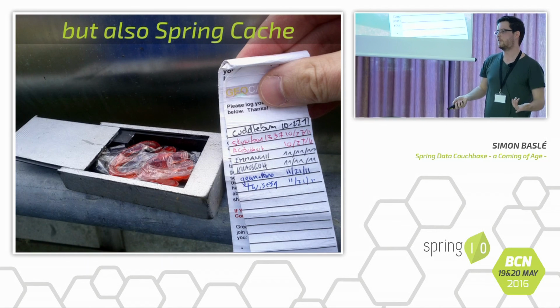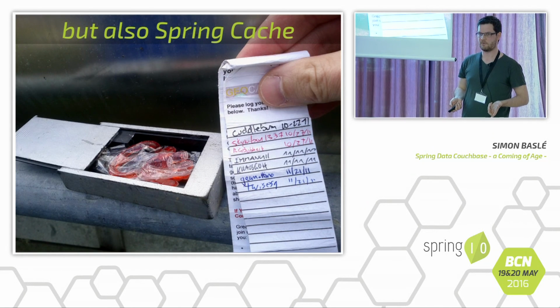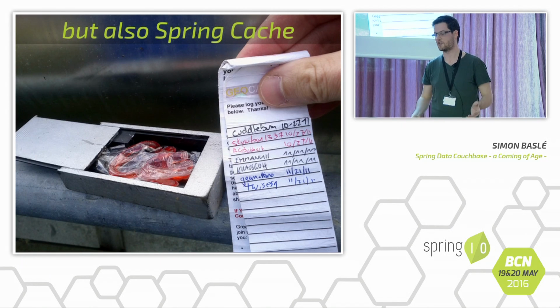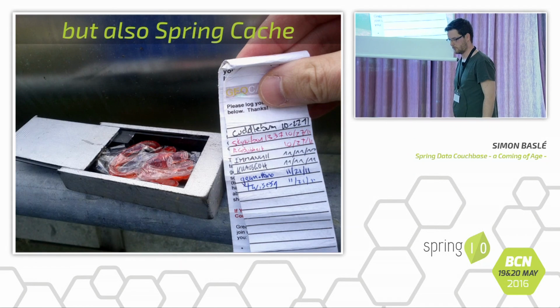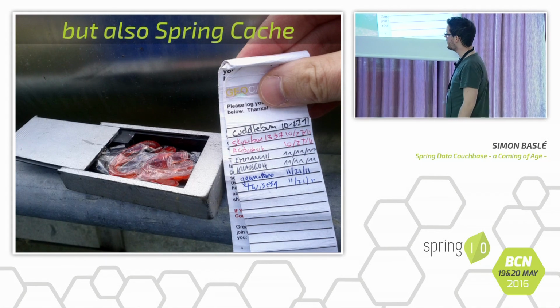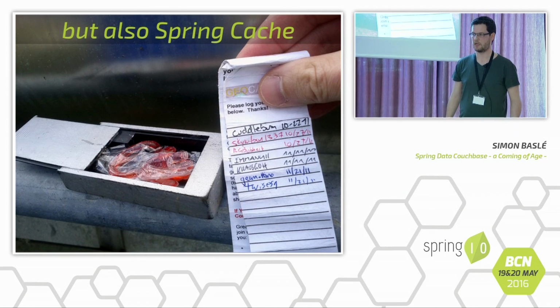So we did an implementation of the Spring Cache abstraction for Couchbase. Couchbase is really good at caching, seeing that it came from a caching solution, memcached. So we added support for the Spring Cache abstraction, and we integrated that into Spring Boot as well.